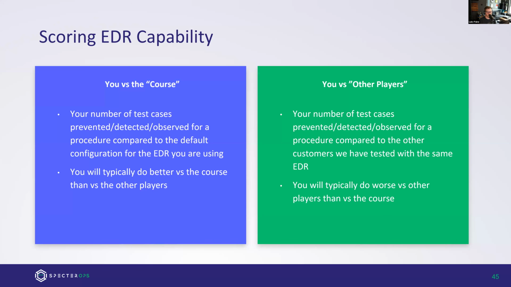So this is just you competing with the base level of, let's say, MDE. Then you versus other players is your score versus every other person that SpecterOps has done an engagement for that has the same EDR capability. And so likely you will do worse versus these other players than you would versus just the course or the blank installation of the EDR. Next slide.